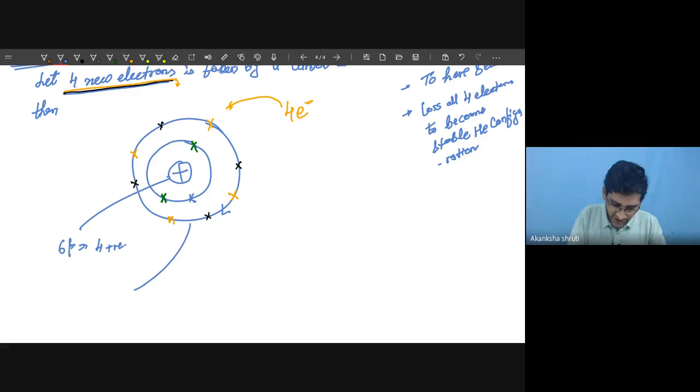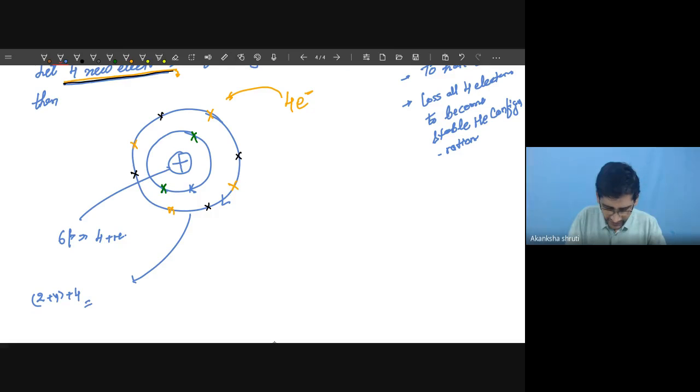But total electrons, how many electrons does it become? 2 were in K, 4 were there earlier, and 4 more are added. It becomes 10 negative. Earlier the 6 unit positive charge was balanced by the 6 unit negative charge.